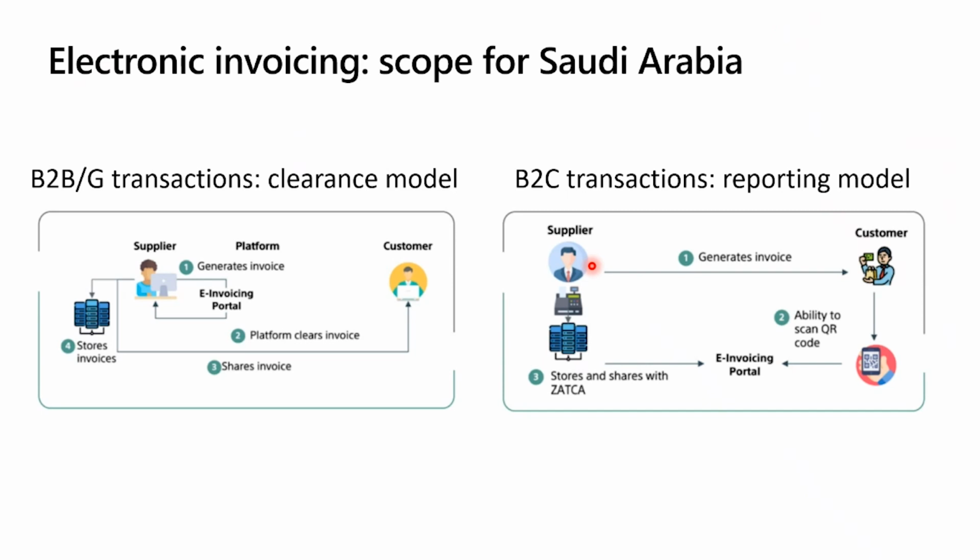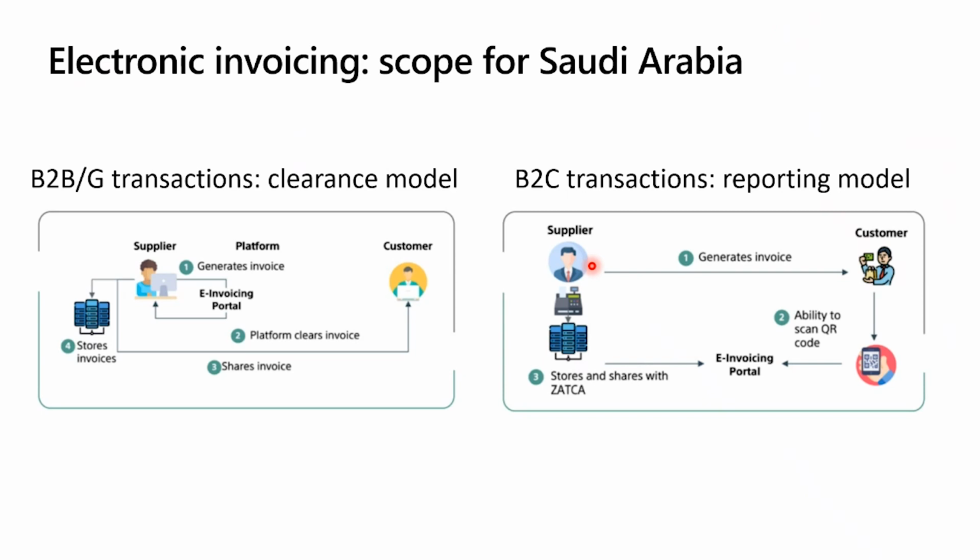Right, but this submission of electronic invoicing can happen in a kind of a deferred manner, so not immediately after the invoice is issued by the supplier, but maybe during some stated period of time. Right.